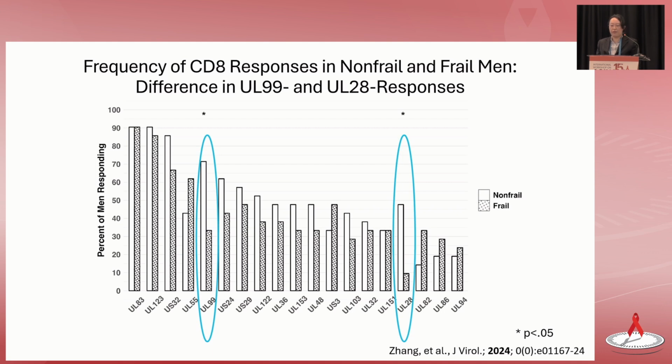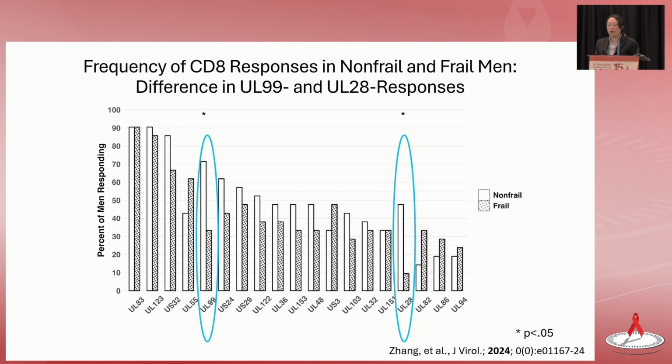On the left is UL83, which elicits the most frequent response, and on the right is UL94, which elicits the least frequent CD8 response. The blank bar represents non-frail men, and the dotted bar represents frail men.